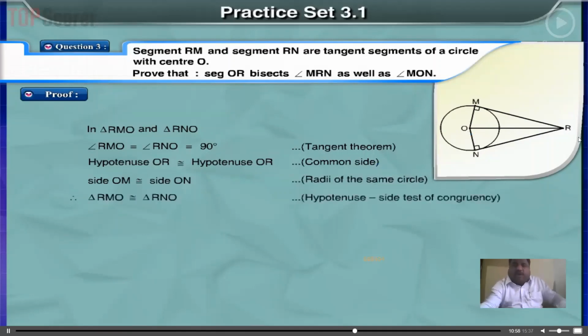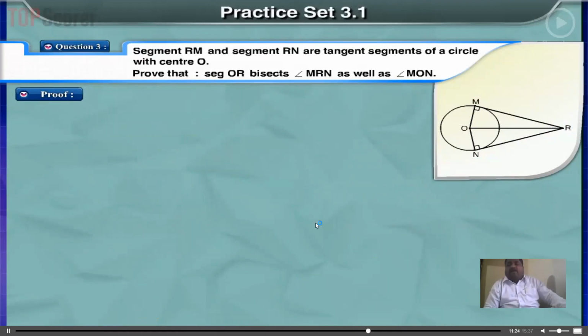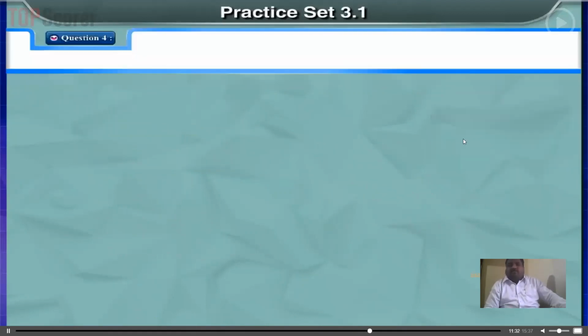Therefore, triangle RMO and triangle RNO are congruent by hypotenuse side test. Therefore, angle MRO congruent angle NRO, angle MOR congruent angle NOR, corresponding angles of congruent triangles. Here in this question, we have to prove that these two triangles are congruent.